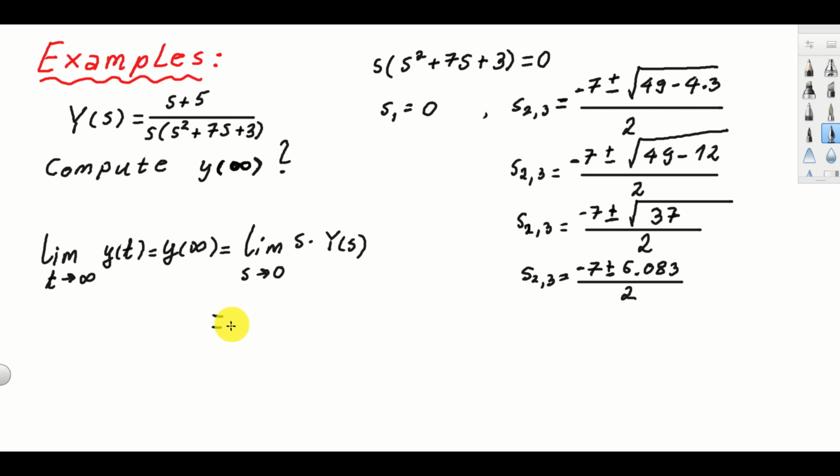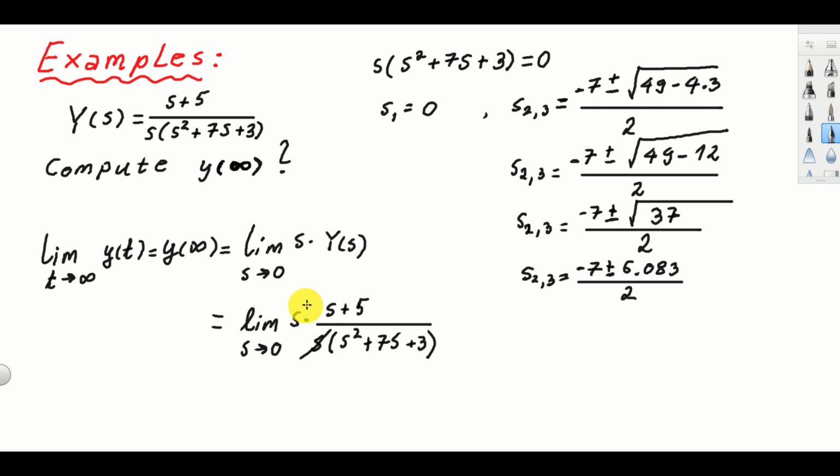In our case, Y(s) is given over here, so let's substitute the values. We have the limit when s goes to 0 of s multiplying (s plus 5), divided by s multiplying (s squared plus 7s plus 3).